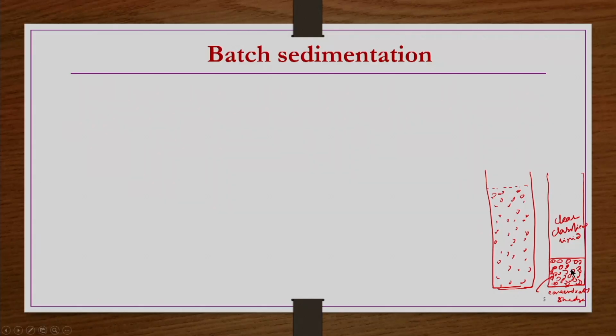This is what happens in general in batch sedimentation. But from this initial stage to this final stage, there are different intermediate stages that we are going to discuss. This is the basic principle. Basically, you take a cylindrical container, and in that you take the slurry or concentrated suspension that you want to separate into concentrated sludge and clarified liquid as two different phases, and then allow it to settle, because now settling is the only process.